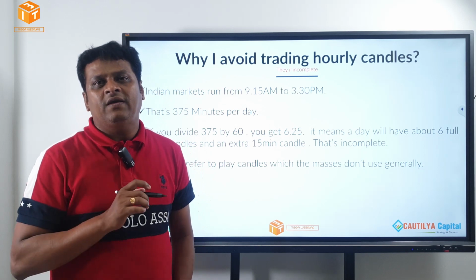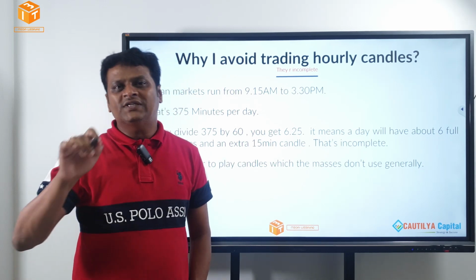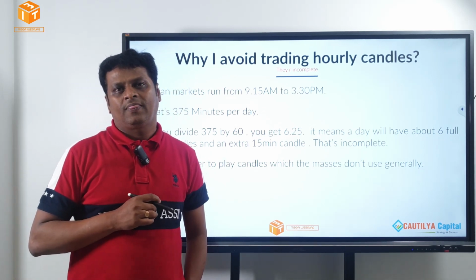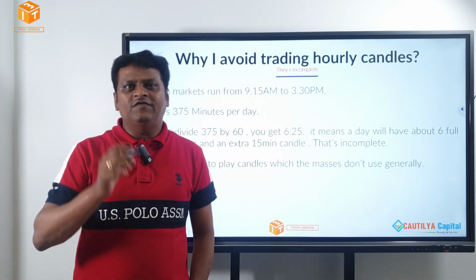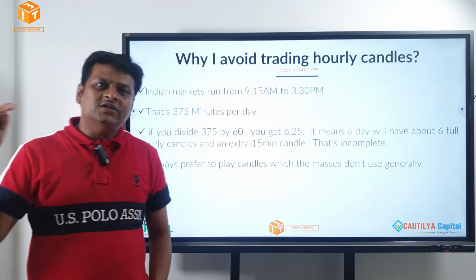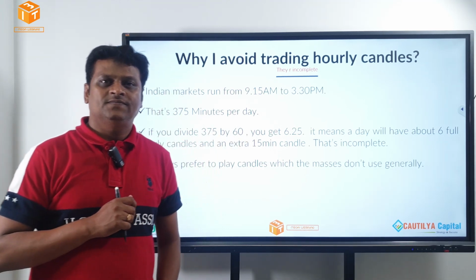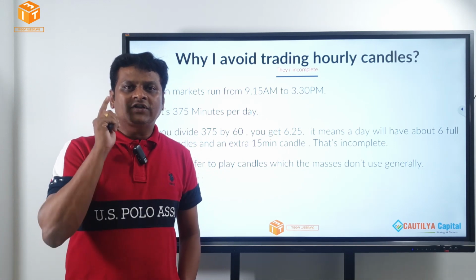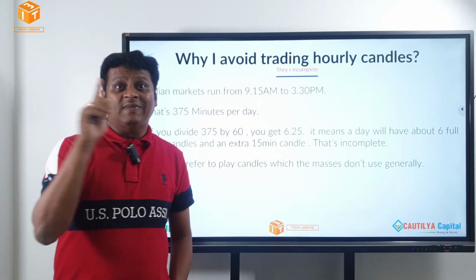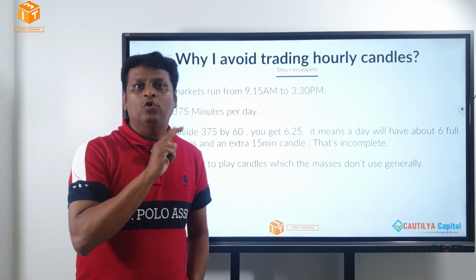When you use something that others don't use, you will be slightly away from them. I'll give you a very, very simple example. Imagine a fisherman going in the sea to catch fish. Where will he stop the boat? He will stop at a point where there is maximum fish roaming around.